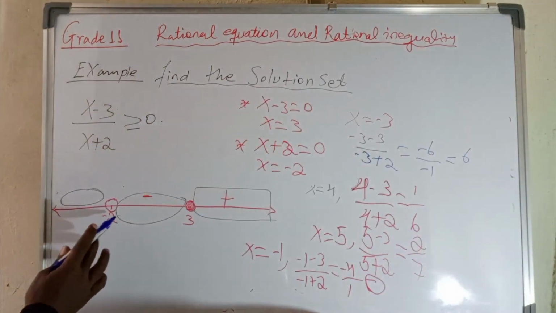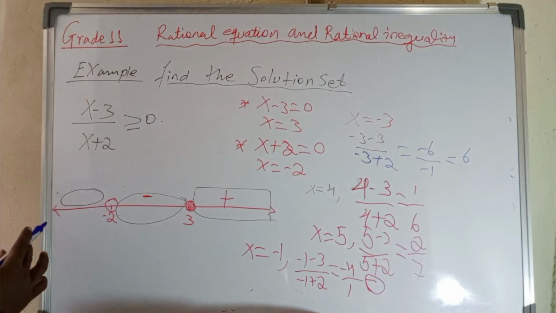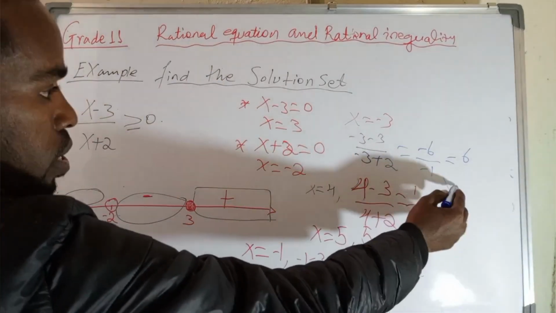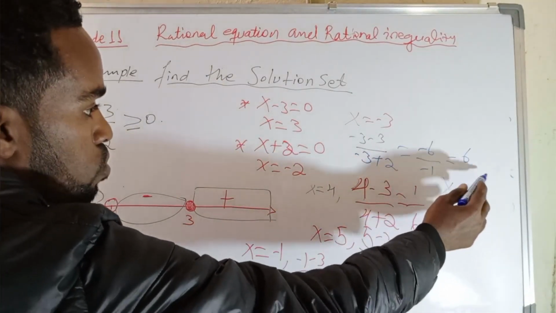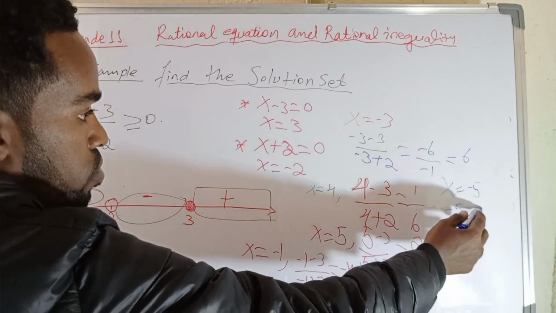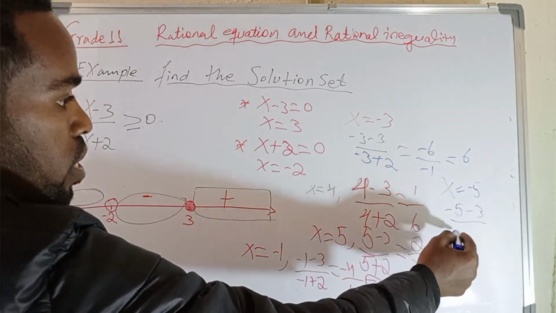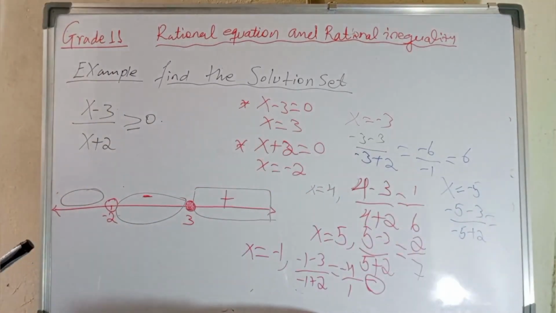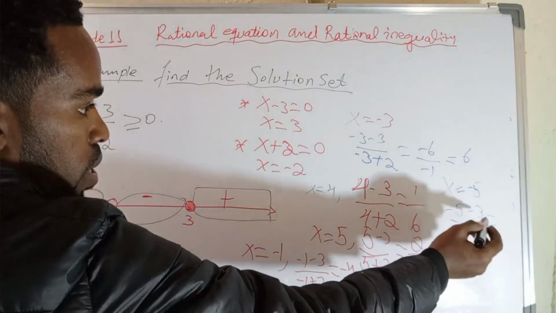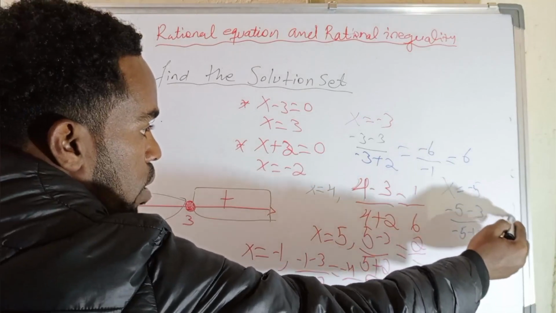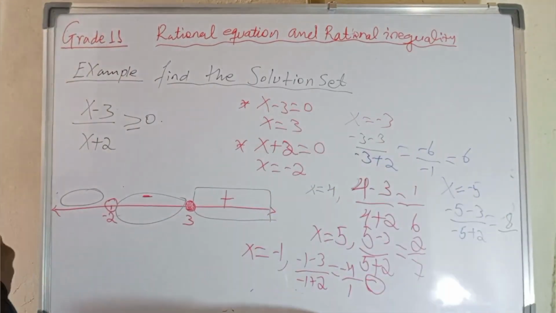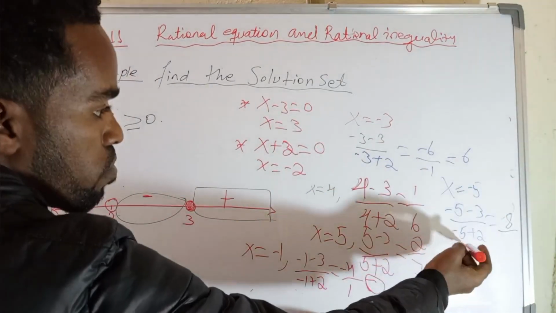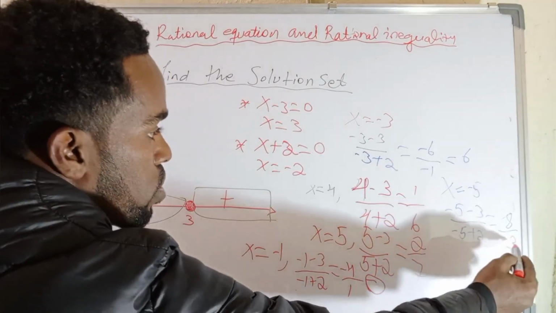Let's check another, from the left of negative 2. Negative 5. If the value of x is negative 5, we get negative 5 minus 3 divided by negative 5 plus 2. Negative 5 minus 3 is negative 8, divided by negative 5 plus 2, negative 3.